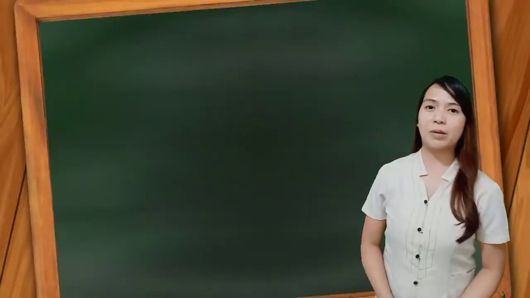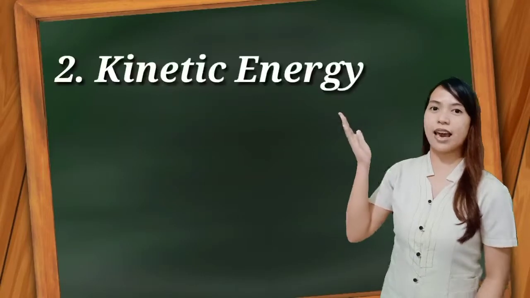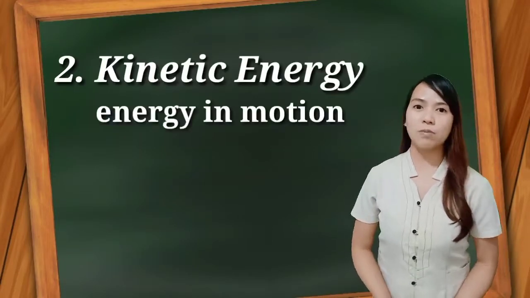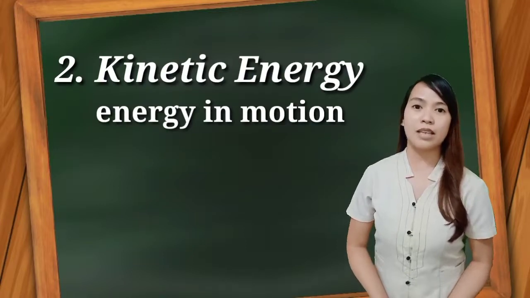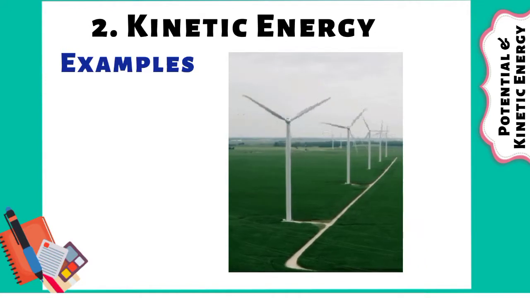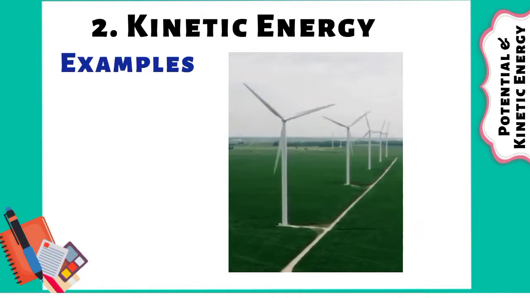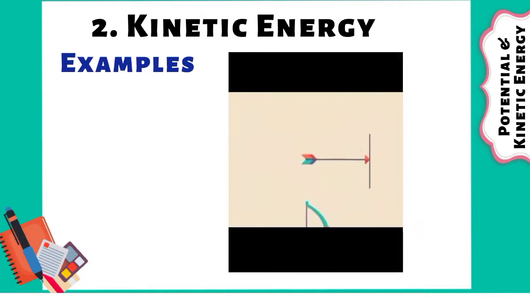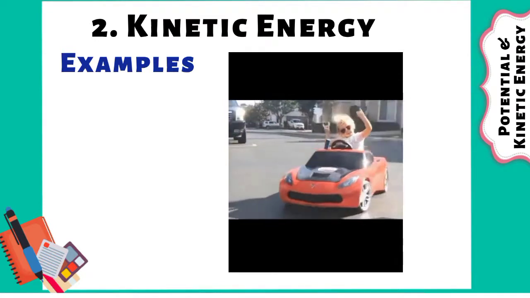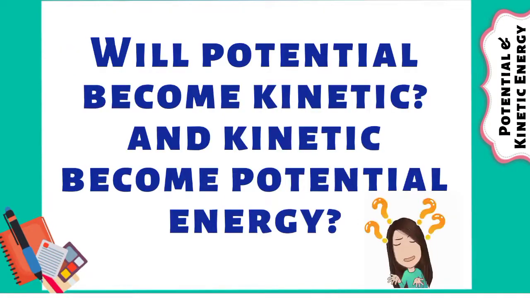The next form of mechanical energy is the kinetic energy. This is energy in motion. Once an object is moving, it possesses kinetic energy. Examples: windmills, a moving archer's bow, and a racing car. Will potential become kinetic and kinetic become potential energy?